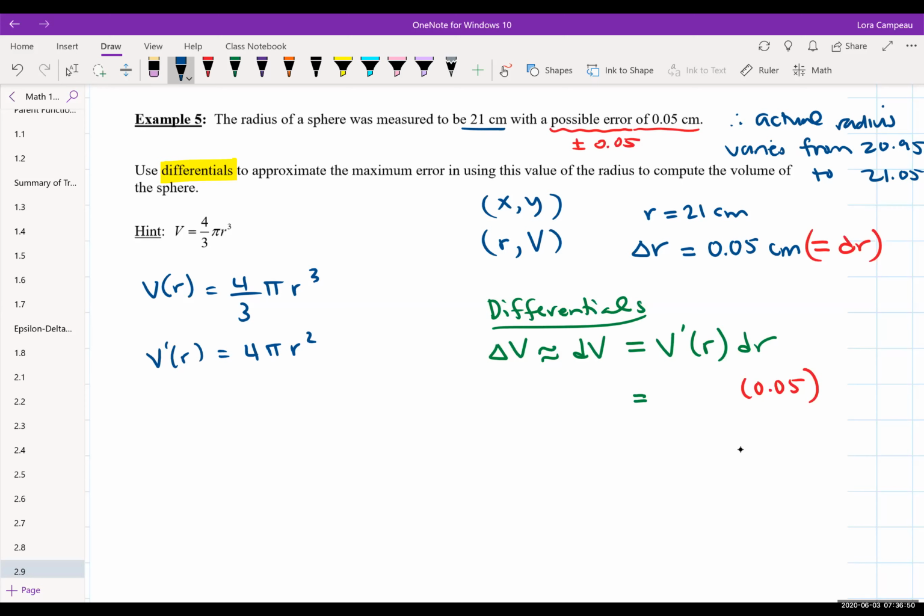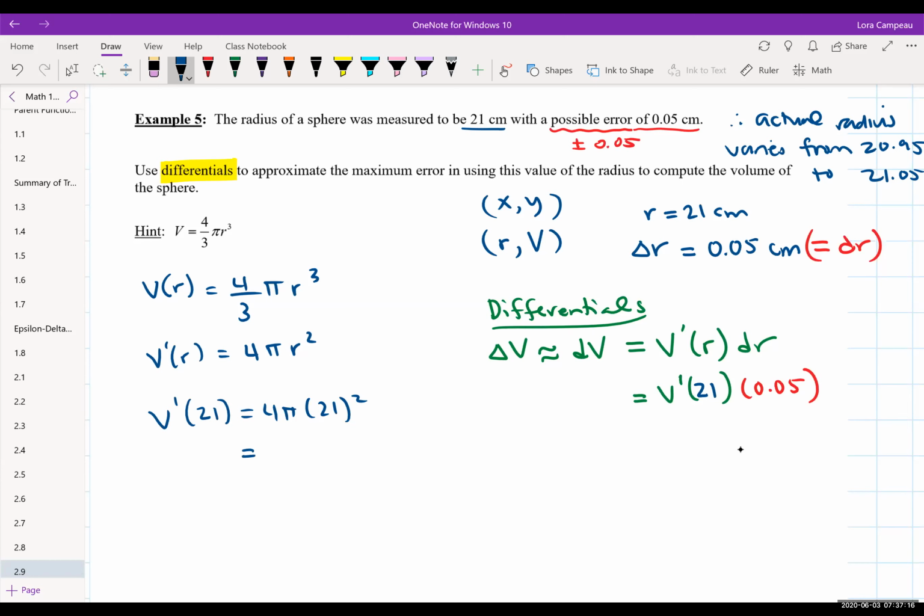Now we want to talk about not just V prime of r, but the certain value of r. In my case r was 21, so let's plug in that 21. 4 pi times 21 squared.